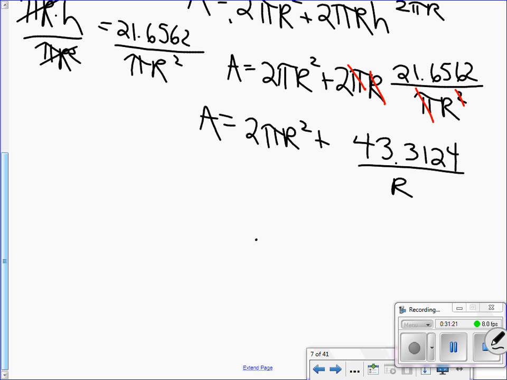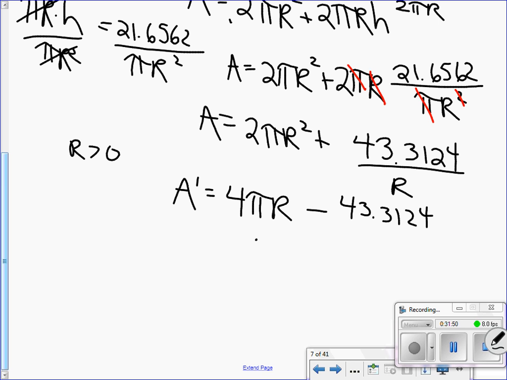Now, the radius, do we all agree would have to be greater than 0? All right, we're going to have to take the derivative and set it equal to 0. We're going to have a positive and negative term because A prime is equal to 4 pi r. Remember this r down here, that's like r to the negative 1? So we're going to have minus 43.3124 over r squared, because it's going to be to the negative 2.